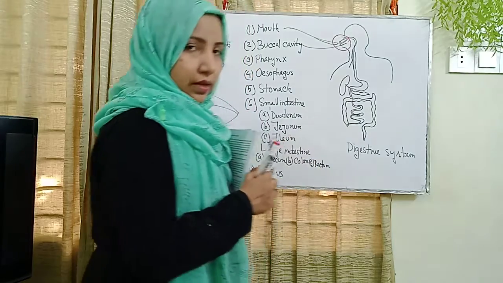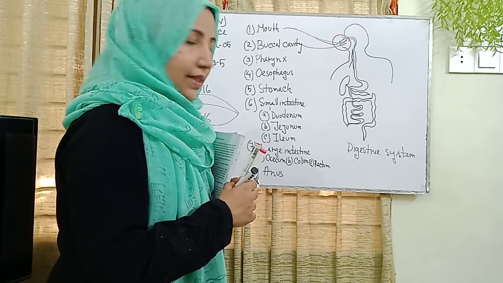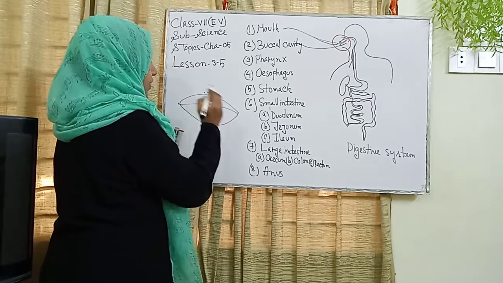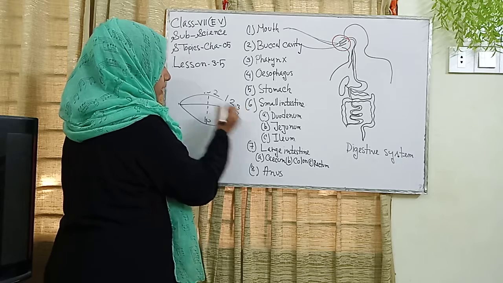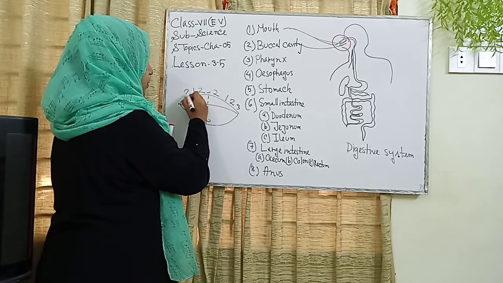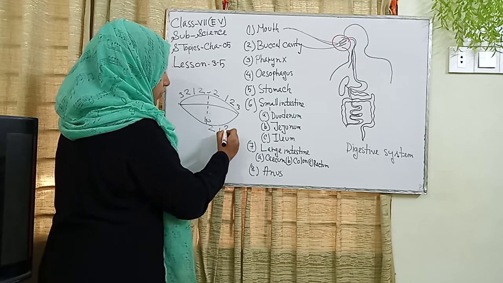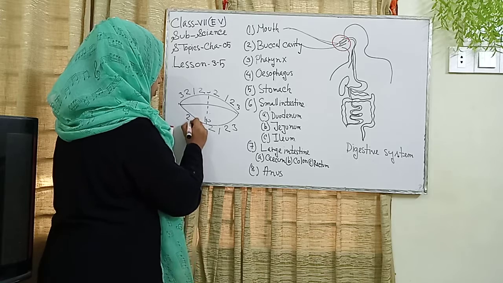I will also explain another structure about the teeth. Here are the 16 teeth. I also draw this: first is 2, 1, 2, 3, and another part is 2, 1, 2, 3.